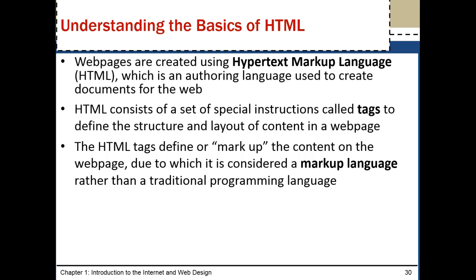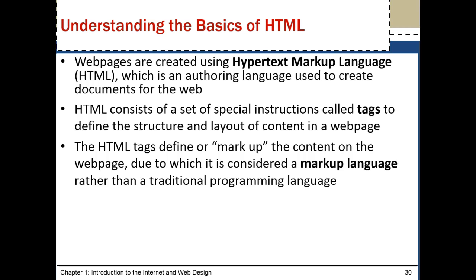So now let's look at some of the basics of HTML. Web pages are created using HyperText Markup Language, or HTML. That's where the name comes from: an authoring language used to create documents for the web. HTML consists of a set of special instructions called tags.